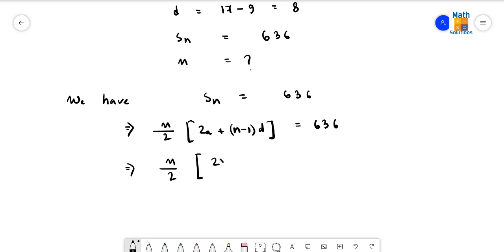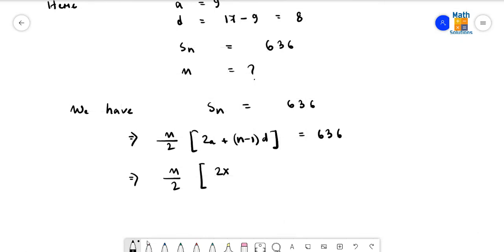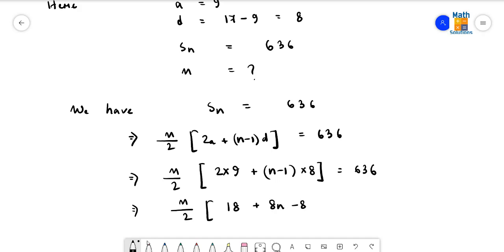Then 2 into a, the first term, is 9, so we put 2 times 9 plus (n minus 1), where d is 8, equal to 636. After this, n by 2 within brackets, this is 18 plus 8n minus 8, is equal to 636.